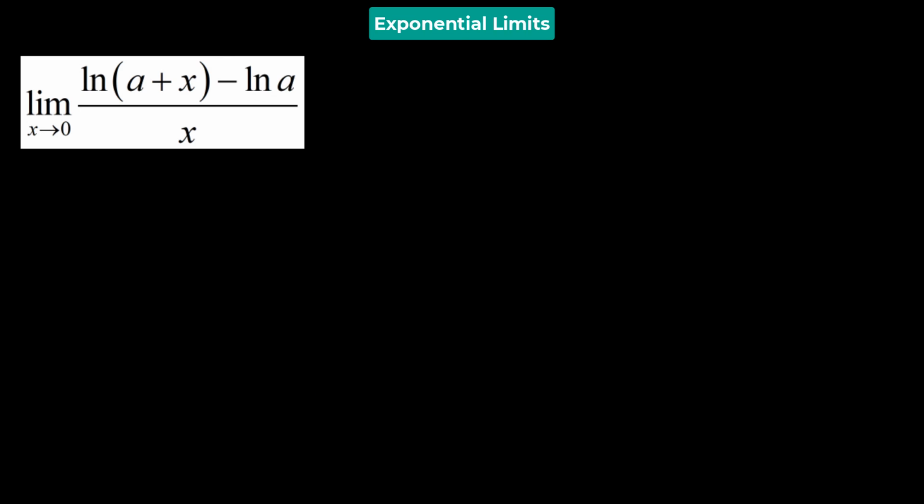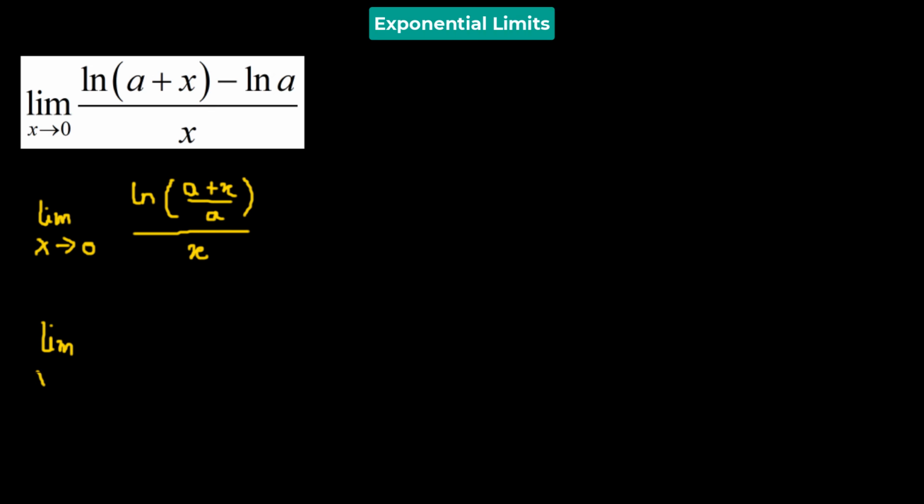So we have log of a plus x minus log of a divided by x. So we're going to use the property of logarithm and combine the two terms in the numerator. So that is going to give us the natural log of a plus x over a, whole divided by x.